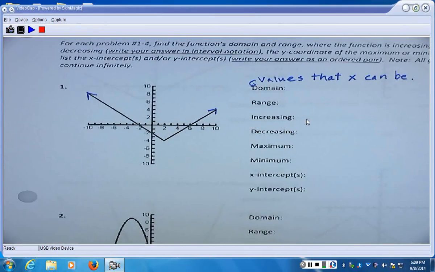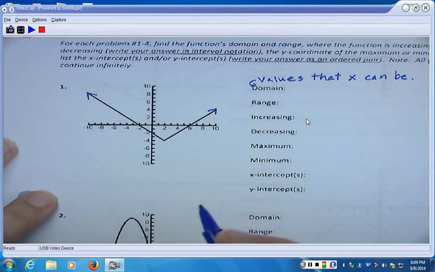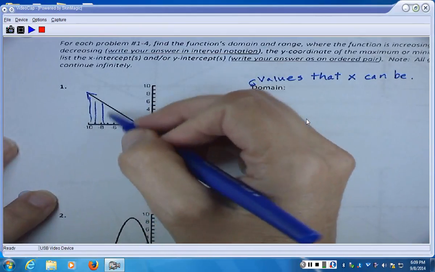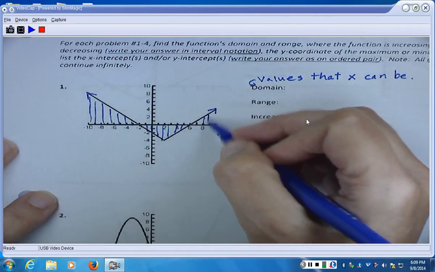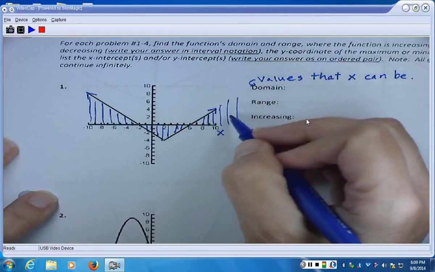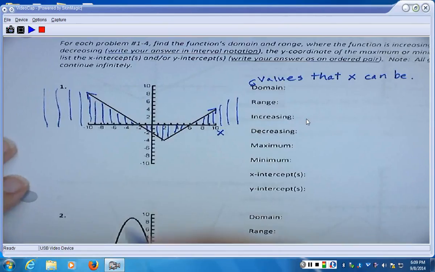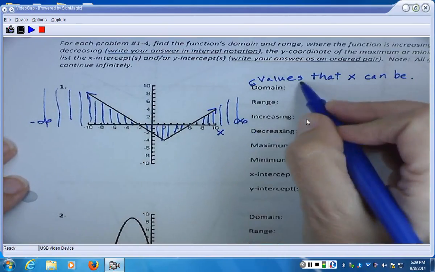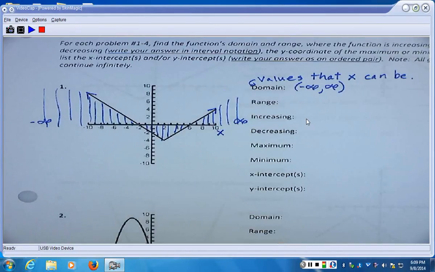So one way to do that is to project from the graph to the x-axis, which is this axis. And this keeps going at an angle, but it keeps going. So x is going to go from minus infinity to infinity. So for this one, minus infinity, infinity, and we never use the closed parentheses.